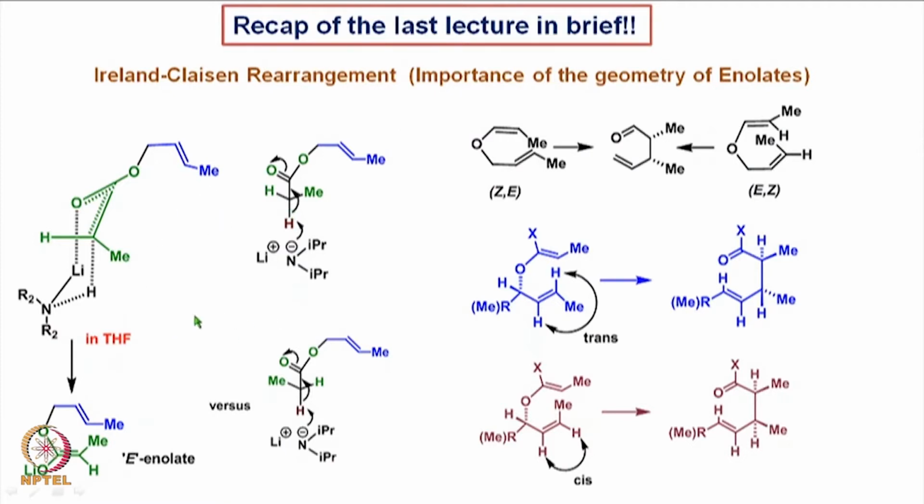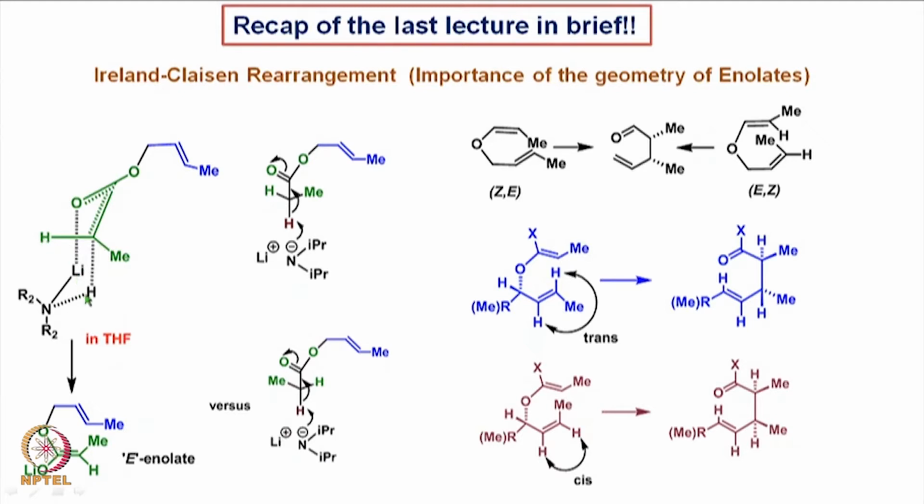Now if we see the transition state in THF solvent, then we invoke the chelation between the oxygen and the lithium of LDA, and we saw that in order to avoid the interaction between this R2 group and the large group at this particular center, the transition state which is favored would have the smaller group on this side, that is the hydrogen on this side.